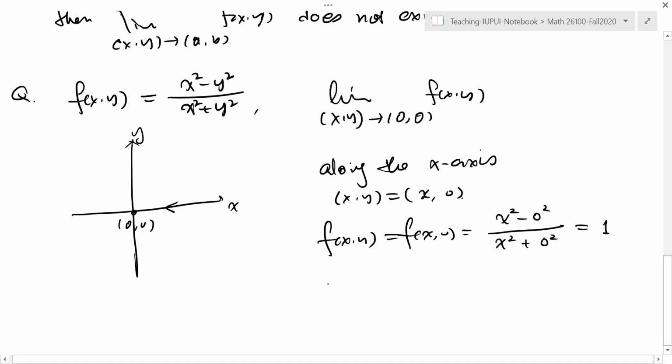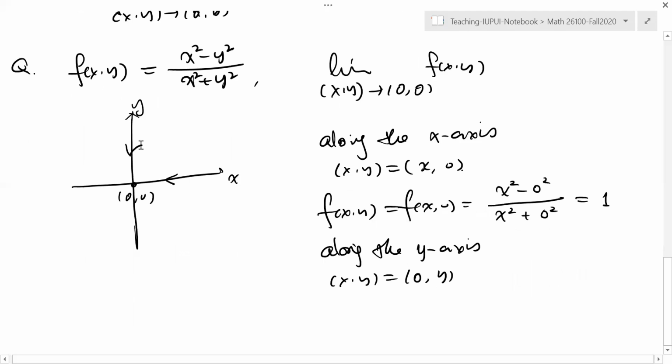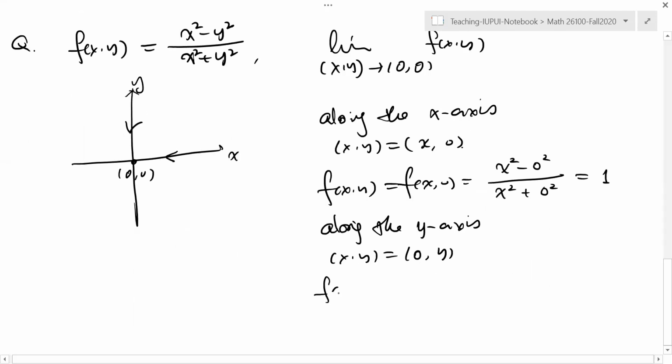Now let's try another one, along the y-axis, where the x value is going to be 0. When you do the homework, or show the work in a quiz, you have to write this, so you have to clearly tell me which two paths you consider.